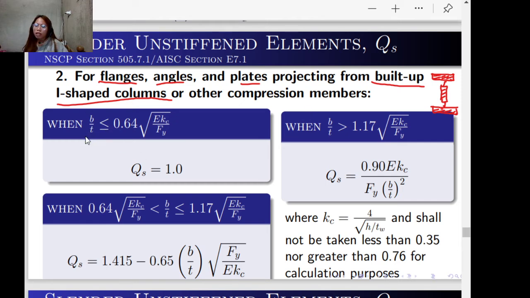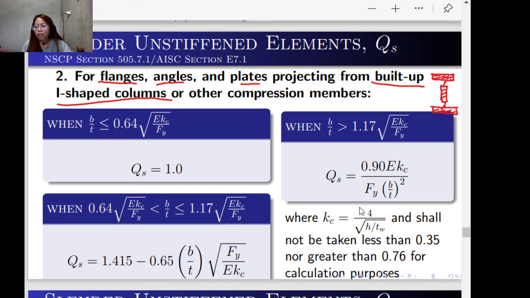When b over t is less than or equal to 0.64 square root of E Kc over Fy, use Q sub S equal to 1.0. Kc is equal to 4 over square root of h over tw and shall not be taken less than 0.35 nor greater than 0.76 for calculation purposes.